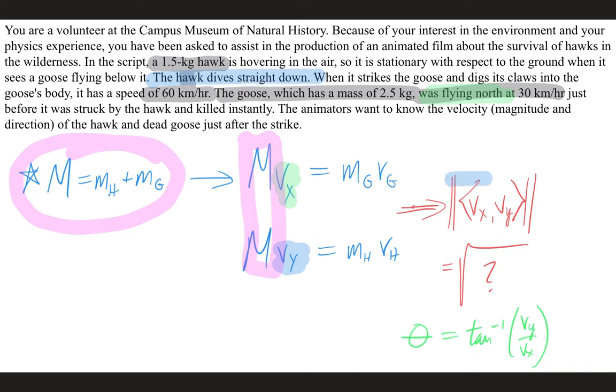And so if you're going to put Vx and Vy into this magnitude game, you're going to have to solve for this so that it can go in there, and then solve for this so that it can go in there. Then you can do the rest of the story.